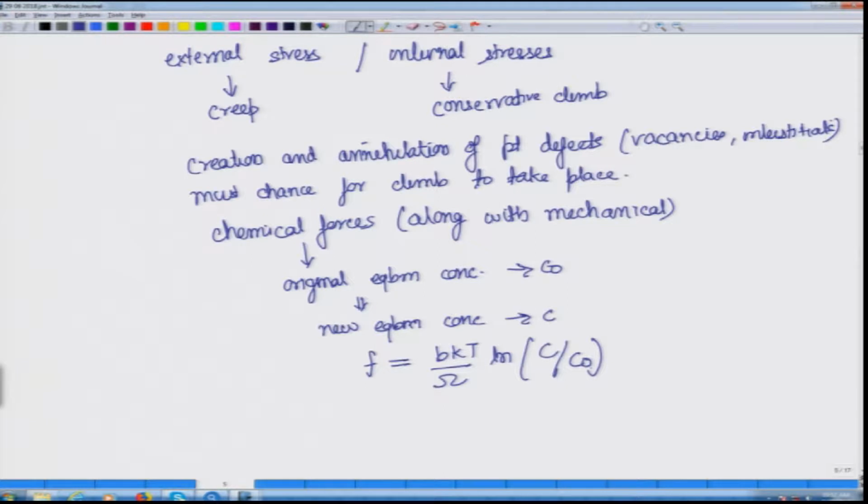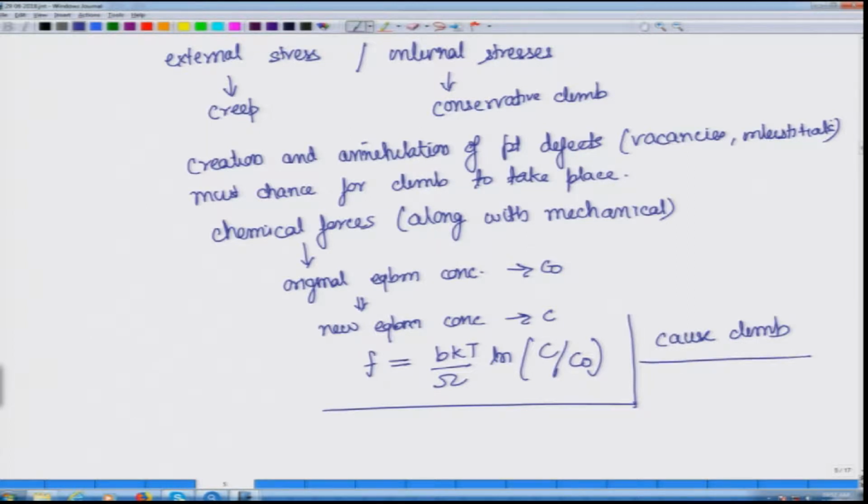So, the chemical force that is acting, because of which the equilibrium concentration changes from C naught to C, can be given by F equal to B K T by omega ln C by C naught, where omega is the atomic volume, K is the Boltzmann constant, B is the Burgers vector, T is the temperature in Kelvin, and C and C naught we have defined over here. So, this gives you the chemical force which will cause climb.